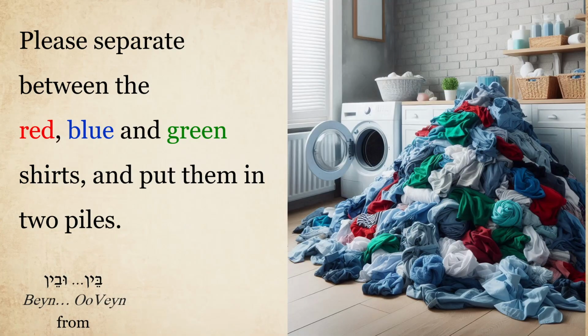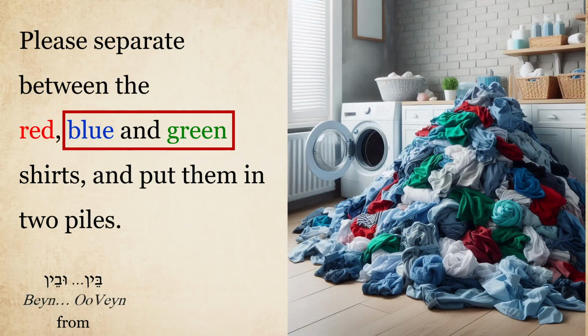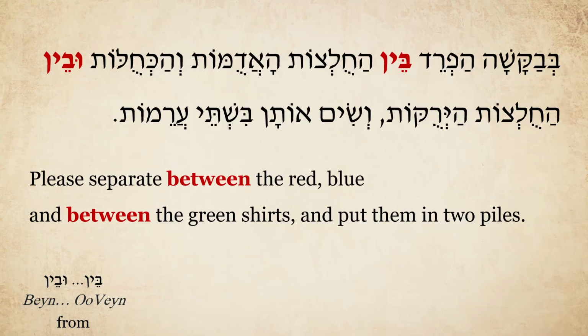For example, if you're being told, please separate between the red, blue, and green shirts and put them in two piles. Do the blue shirts go into the pile together with the red or the green? In Hebrew, we would say separate between the red and blue and between the green shirts. Handy, thanks to the Hebrew in the Bible.